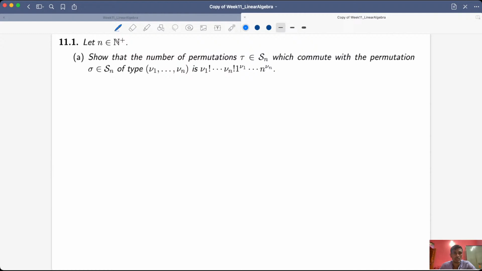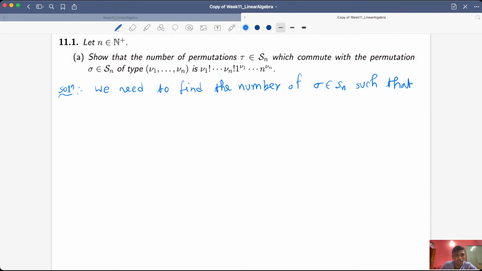Okay, so that means we need to find the number of sigma belongs to Sn such that tau and sigma commute, so sigma tau equals tau sigma.